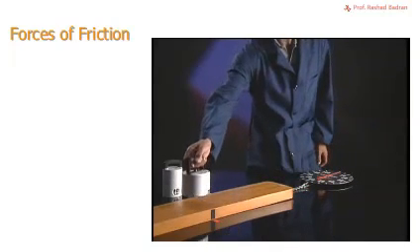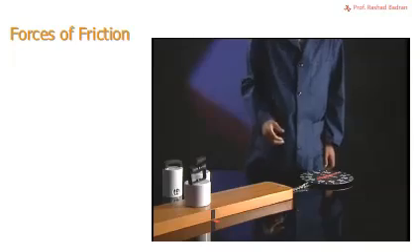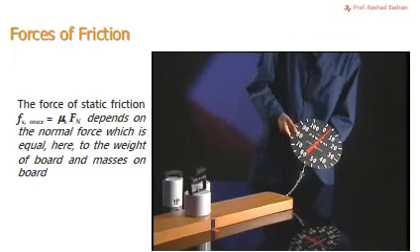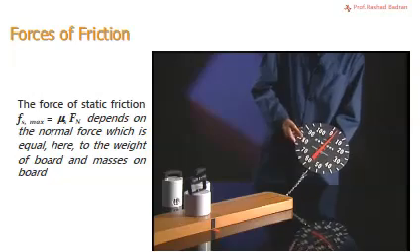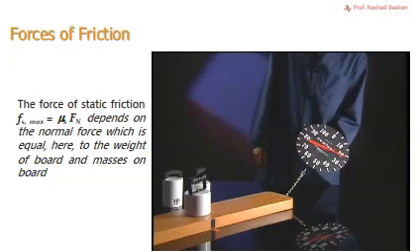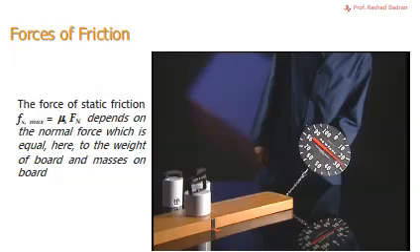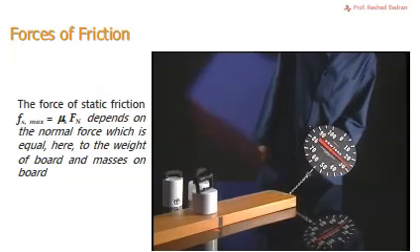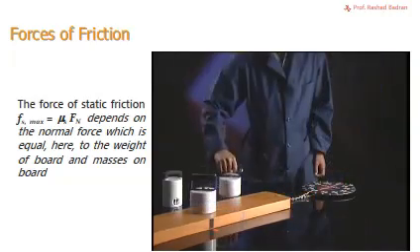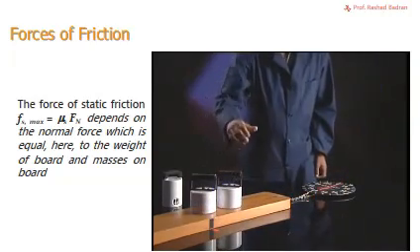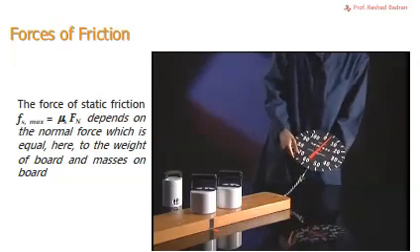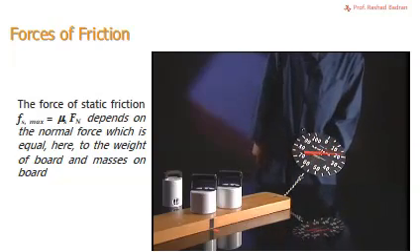If we add enough weight to the board to double the overall weight, how will the required force change? The force needed to move the board approximately doubles. If we now add another weight equal to the weight of the board, tripling the original weight, we see that the force is approximately tripled.